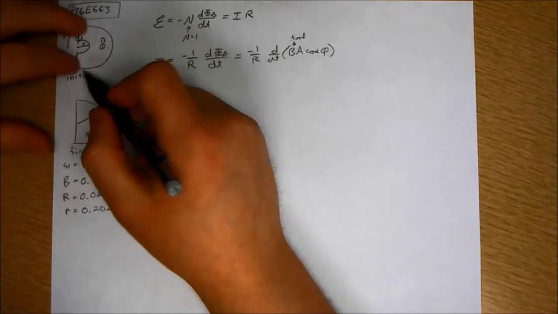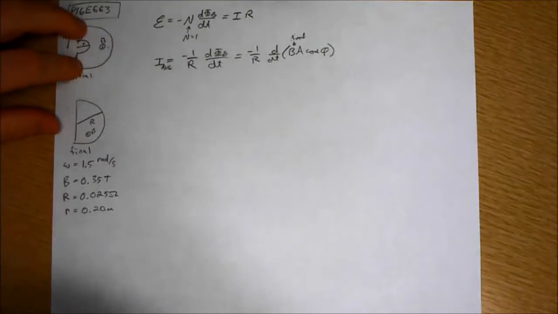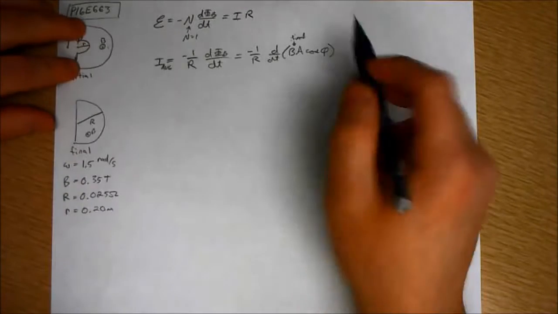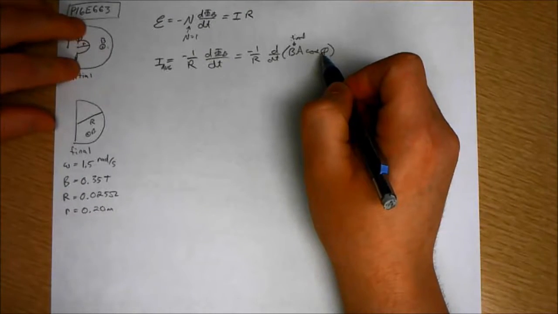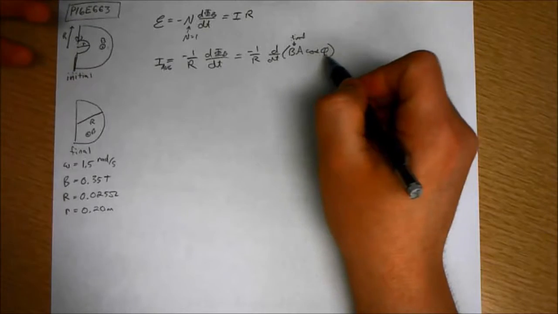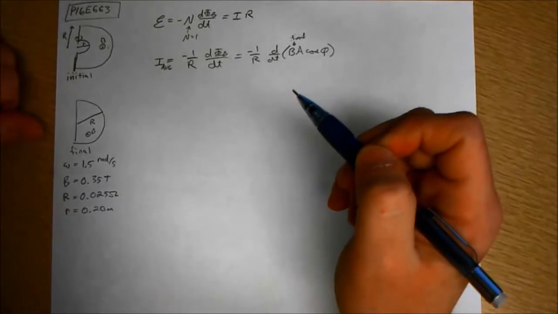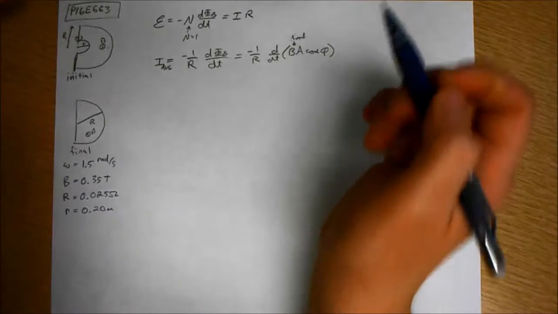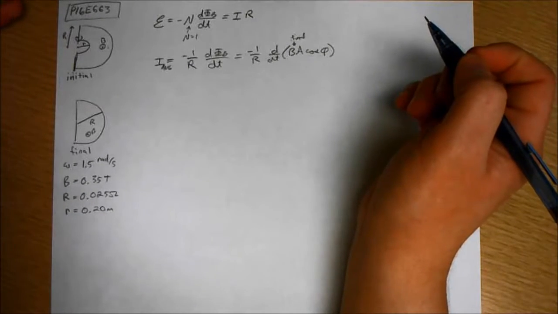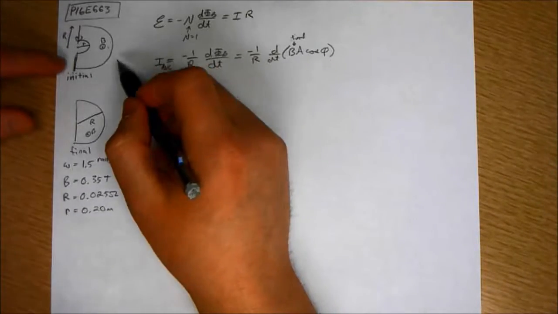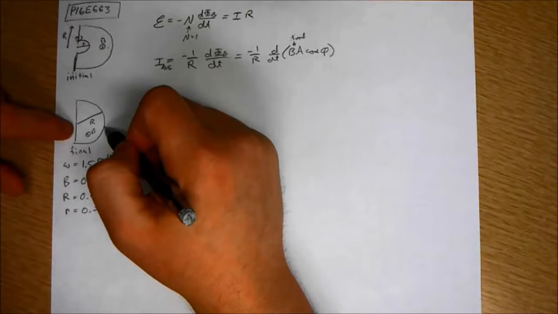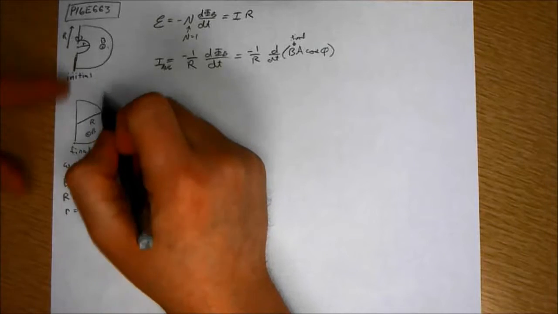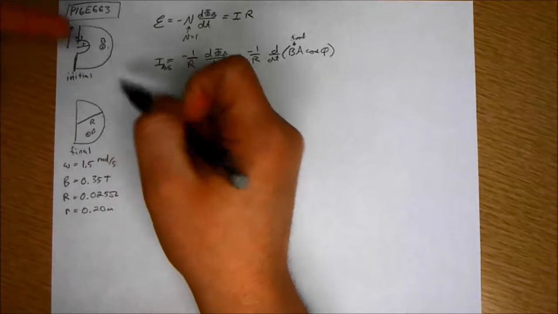You're going to have the flux of this big one, which is going to stay fixed, and then you have to subtract out the flux of this little one, which is varying with cosine of phi. But the problem's a lot simpler than that, because if you just want to know what the average current between this section and that section is, all you have to do is look at what is different from here to here. The area is changing.